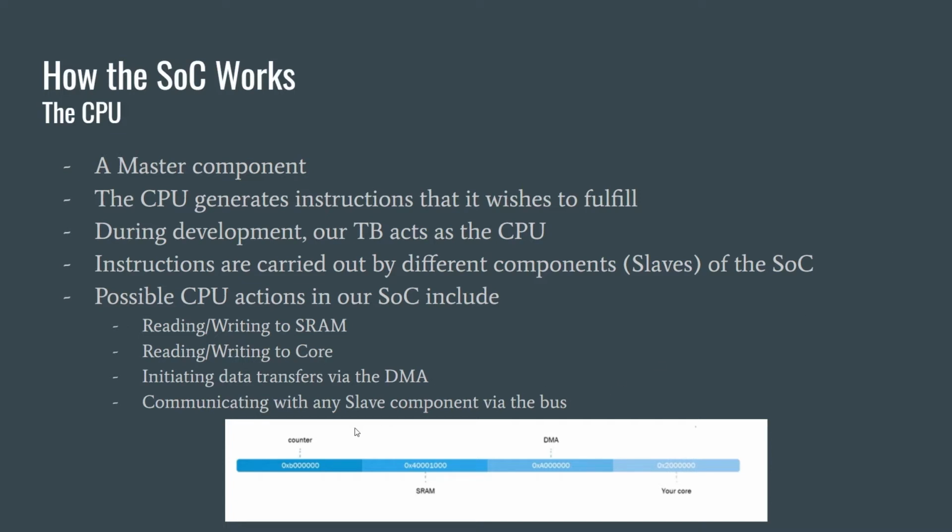For example, it might say, I wish to read from the SRAM. It'll specify MR as the control signal, and it'll specify the SRAM's base address here, and that's how the master can communicate with SRAM.